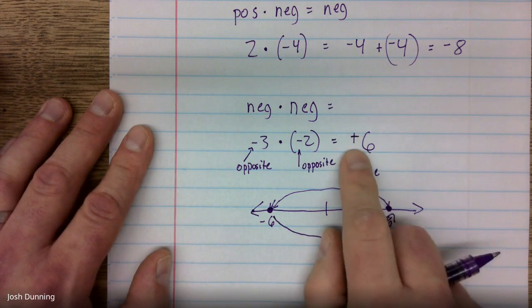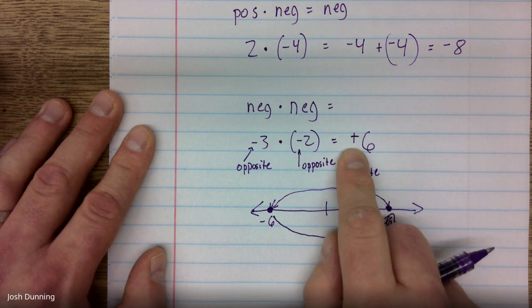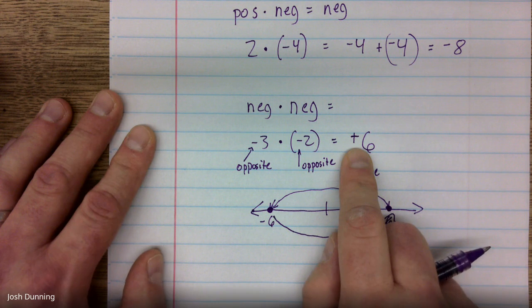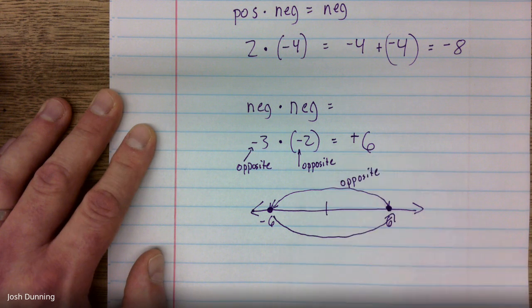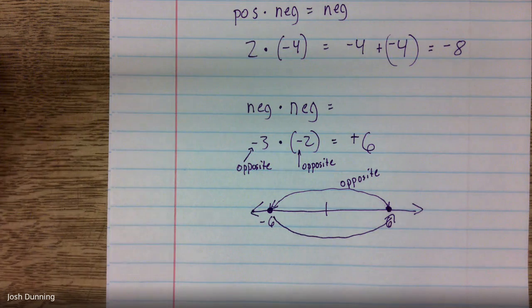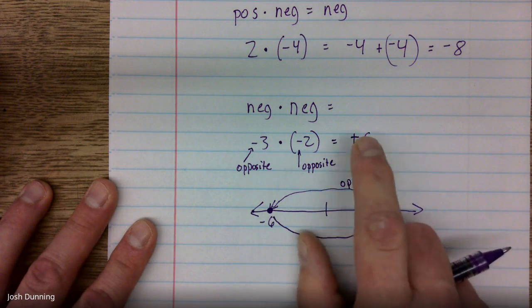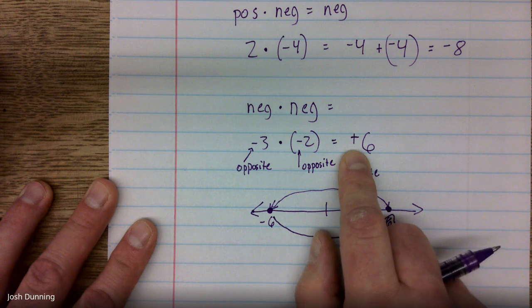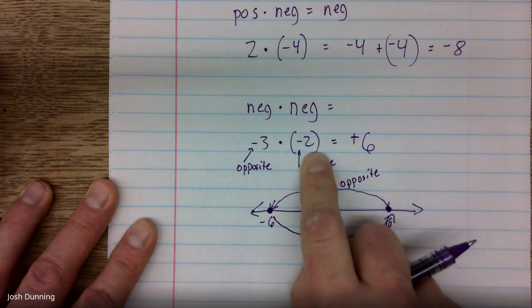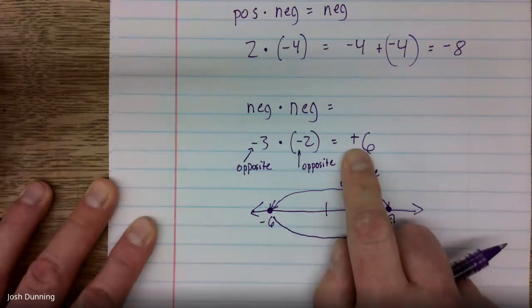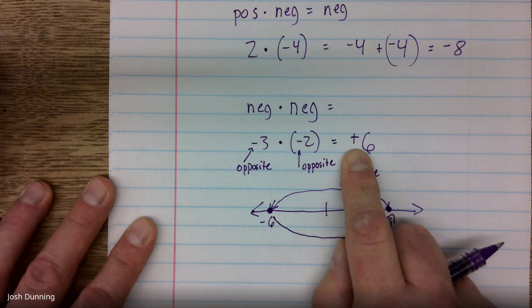You don't have to write this down. I'm just illustrating this plus sign here, this positive sign. Again, whenever you do multiply two negatives, you don't have to write the positive sign. You got to write the 6 and all this stuff, but not the positive sign. I'm just illustrating here.